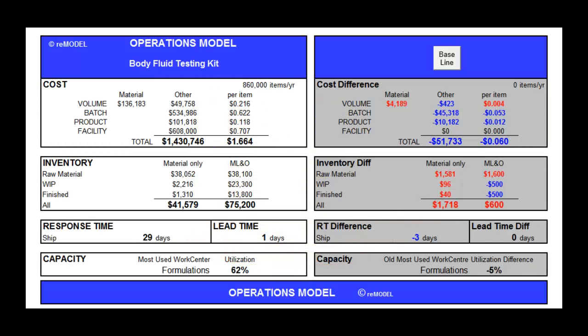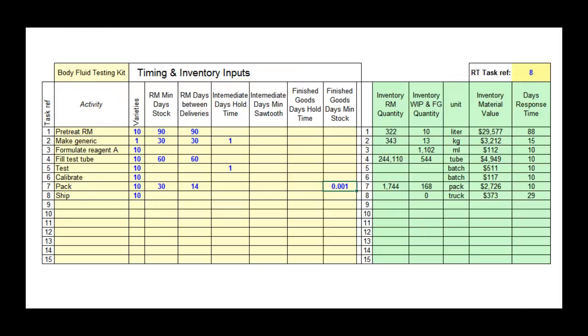That has the effect of reducing batches because we now have fewer batches to make, 10 variants' worth rather than 11. It also takes some cost out because there's less product related expense, there's one less product to support, and it also reduces the response time for the truck. We might want to do something more about the inventory, which is a little bit negative there. Well, let's take a look at some of the time which might be causing some of the work in progress.